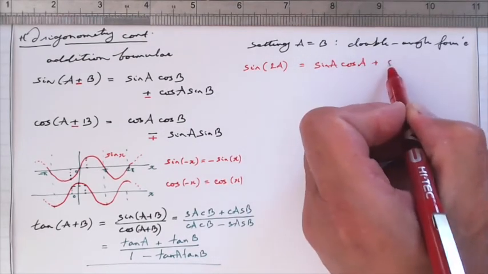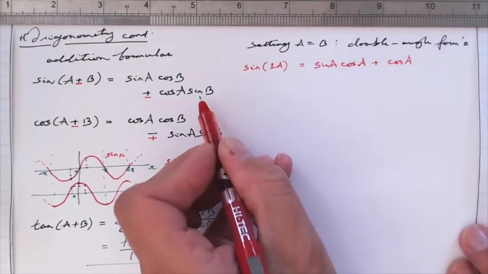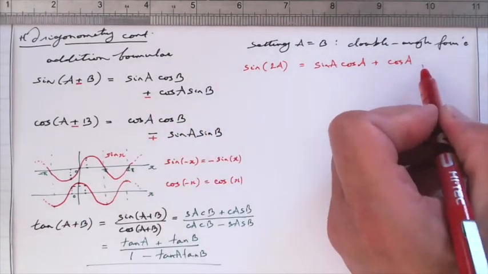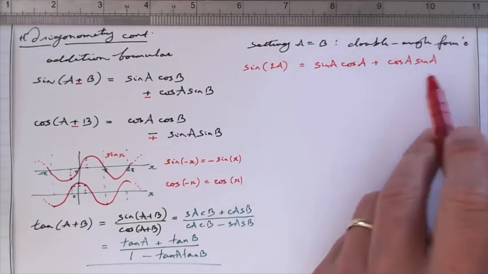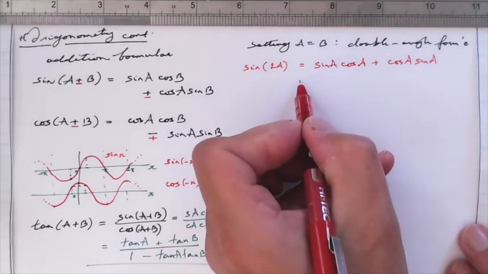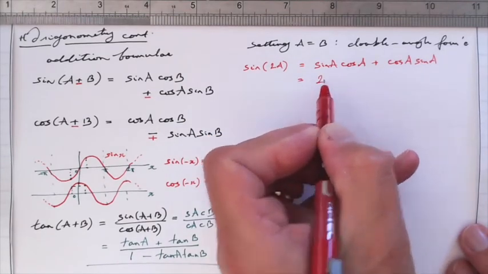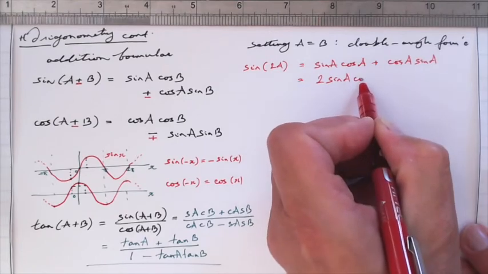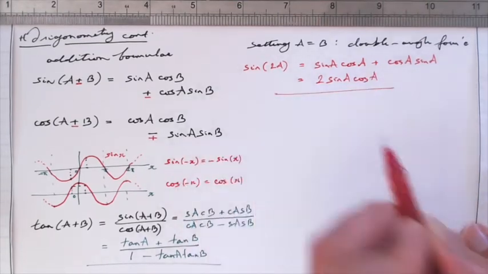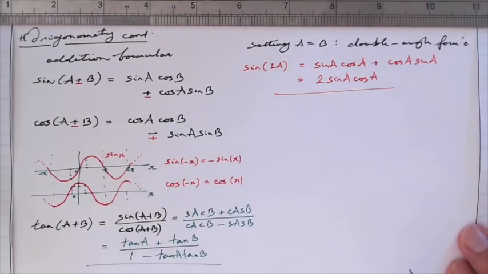And then I have cosine of a times sine of b, and b is a, so this is cos a sine a. And that is just the same term twice, and so I have this very nice formula that the sine of 2a is 2 sine a cosine a. I think that's a very beautiful formula. It's a delightful thing.